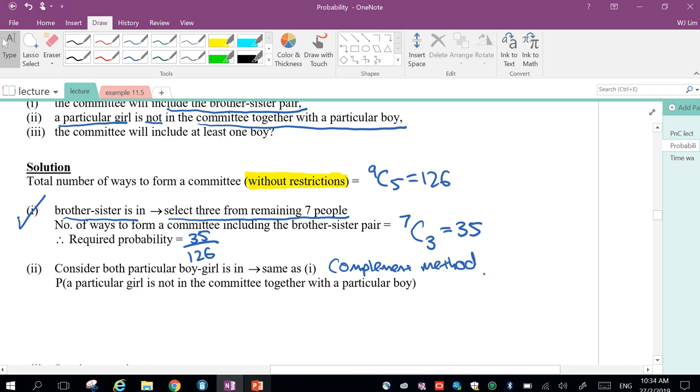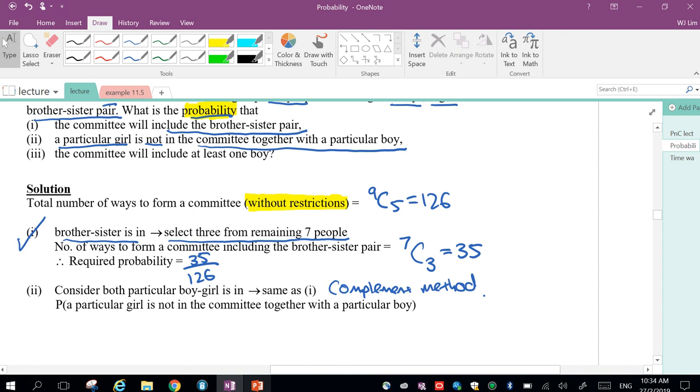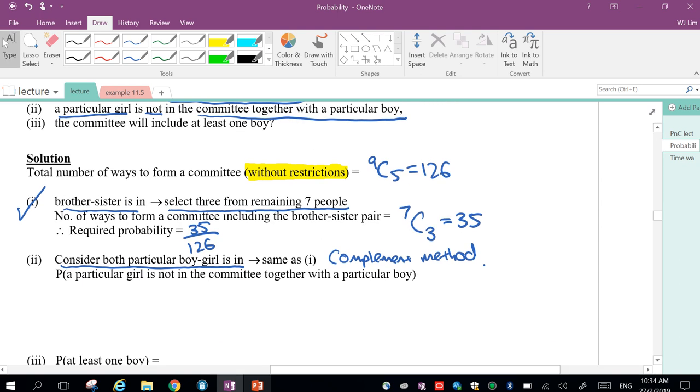Okay, so you exclude this case. So first thing first, you consider both the boy and girl is inside the committee. This is the same probability as part 1.